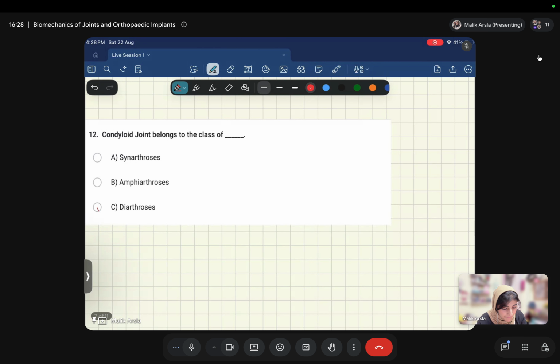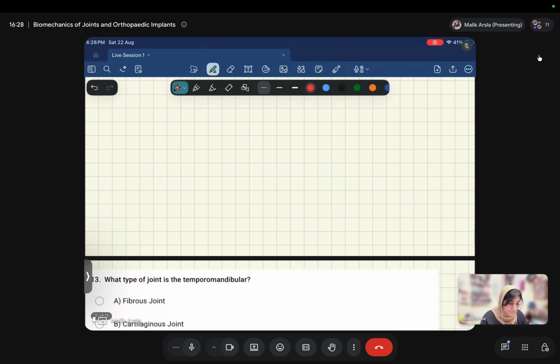So 12 is the correct option. You can check later on if it is a type of synovial joint.